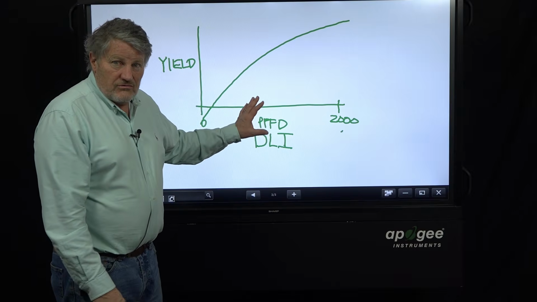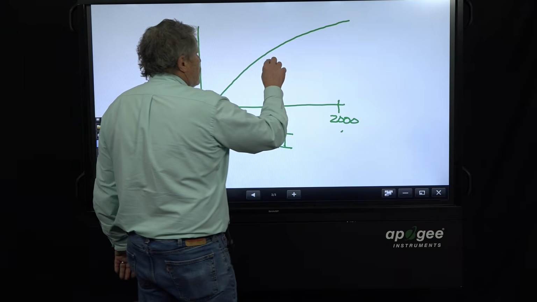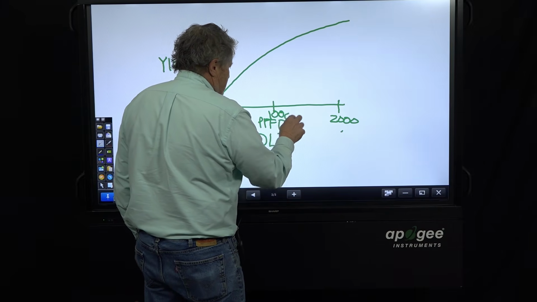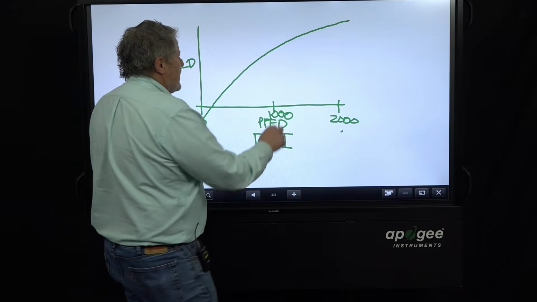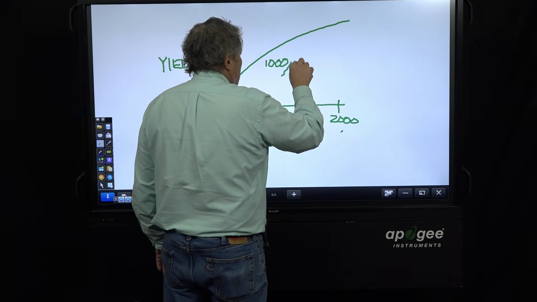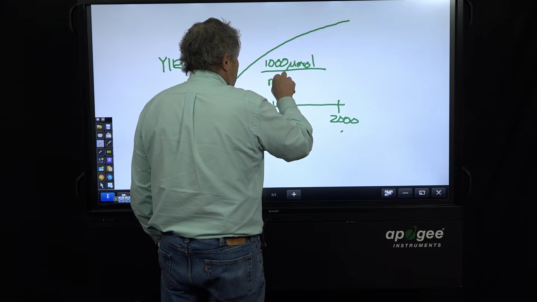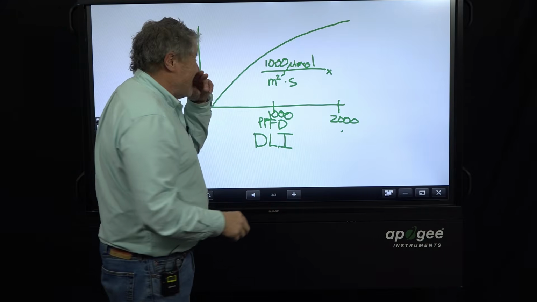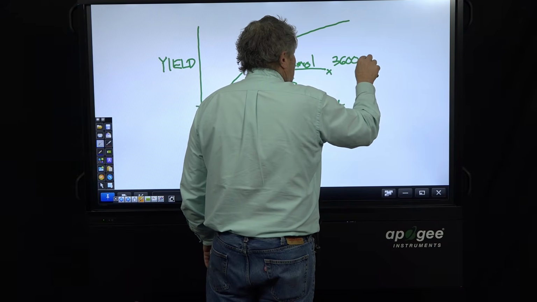Let me show you how to convert. Once you see this, you'll know it forever. Let's put 1,000 in here. We're going to convert from PPFD to DLI. 1,000 micromoles per meter squared per second. Now we want to know per day. Well, there's 3,600 seconds per hour.